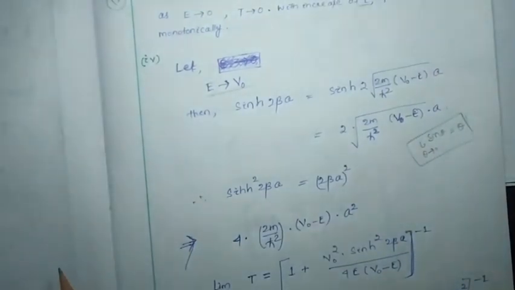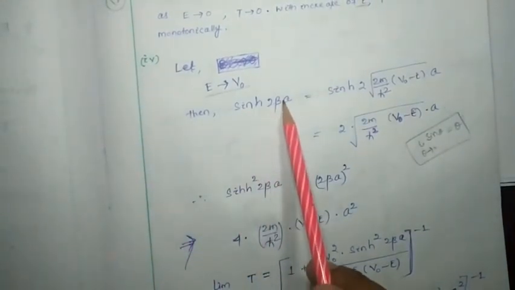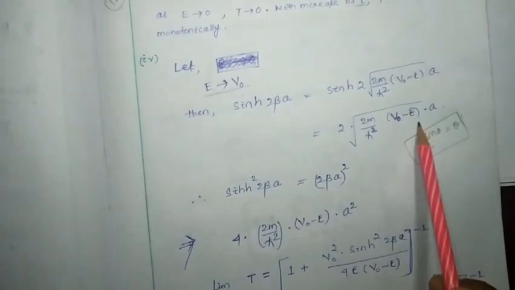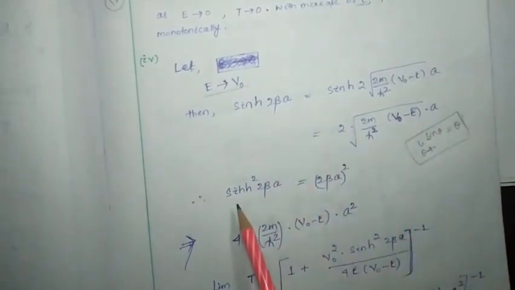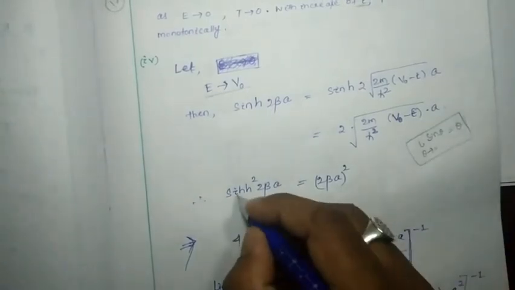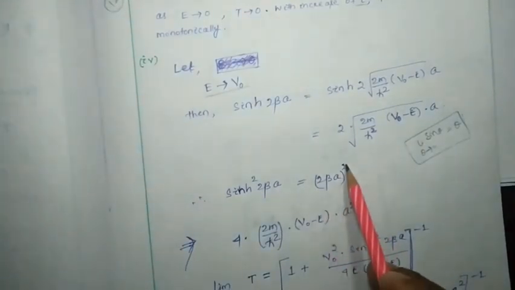So if sinh 2βa will be this much, that is 2βa, then sinh² 2βa will be (2βa)².